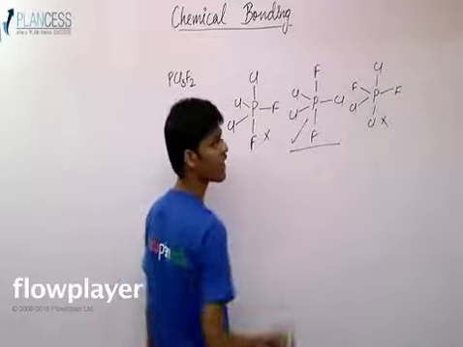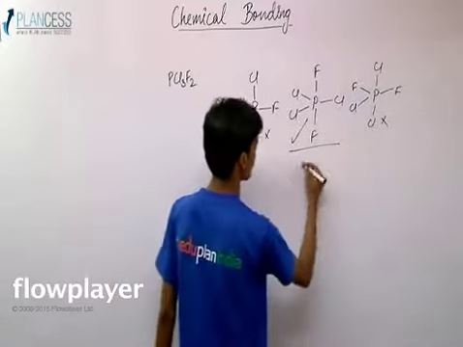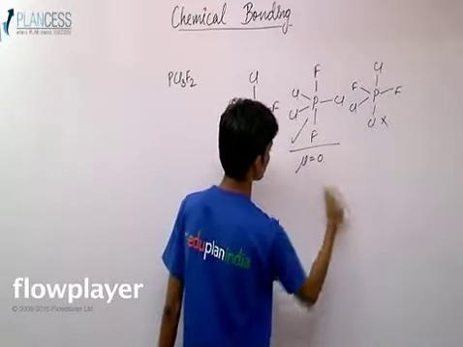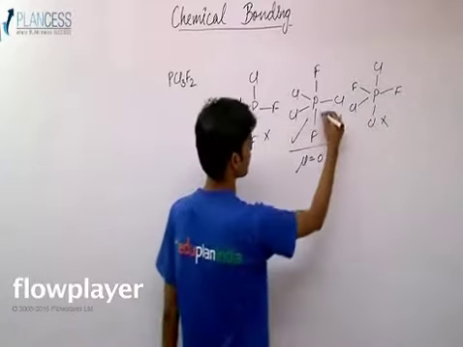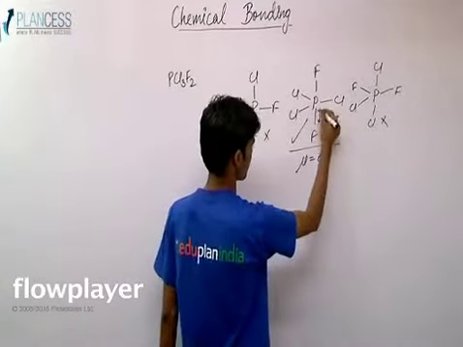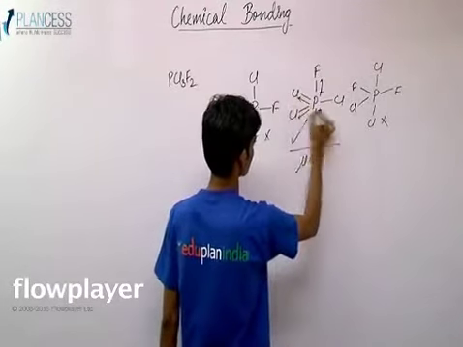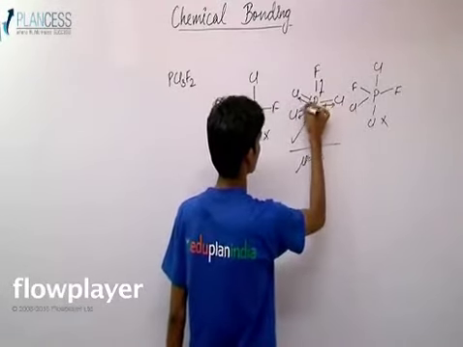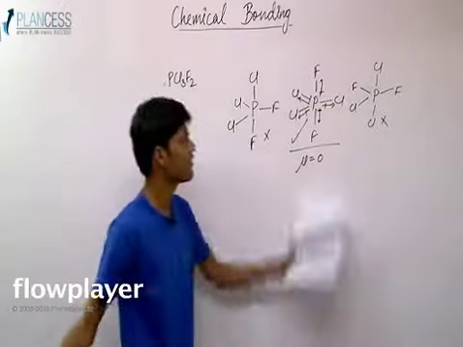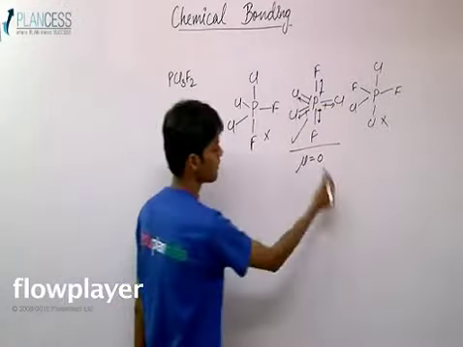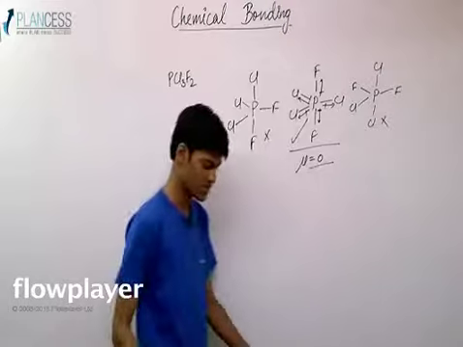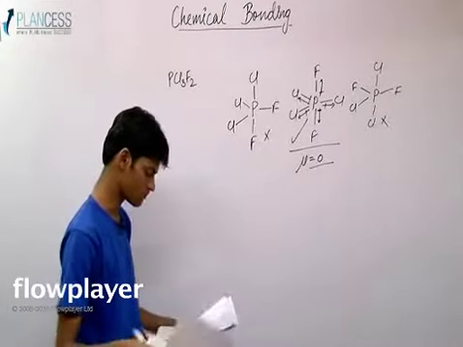I will define dipole moment at a later stage, but for the time being, the dipole moment of this is 0, because the charges cancel each other here and here, and the charge rotation also cancels each other.